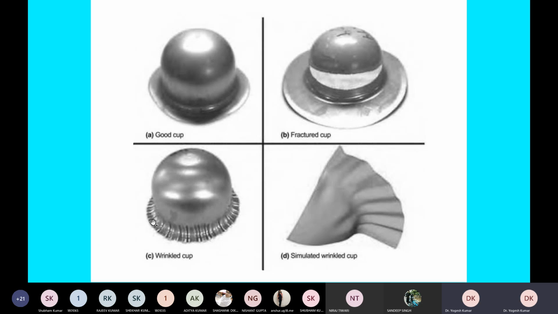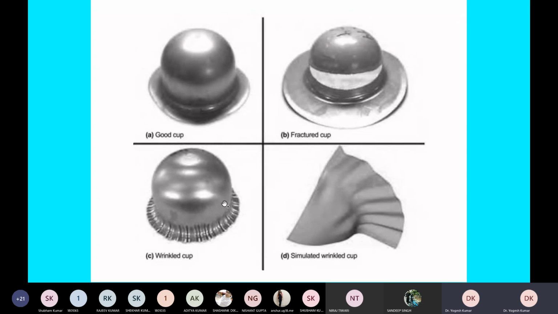Because there was no proper blank holding force. If proper blank holding force is not provided, then these wrinkles are formed on the upper surface of your cup. Similarly, there may be tearing also. There may be chances of failure where this portion may be torn while forming this cup using your drawing process.